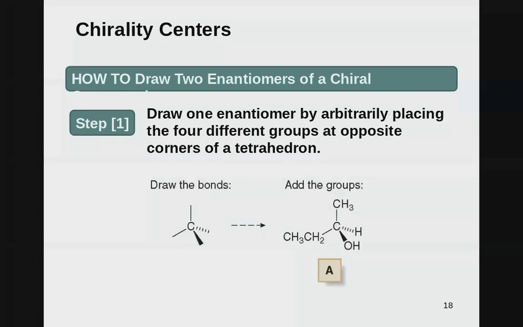So we first draw one enantiomer by arbitrarily placing the 4 different groups at opposite corners of a tetrahedron. Now remember, we have a tetrahedron, so there is that 3D space. We have the dashed line and the solid line. Does anybody remember what those indicate?